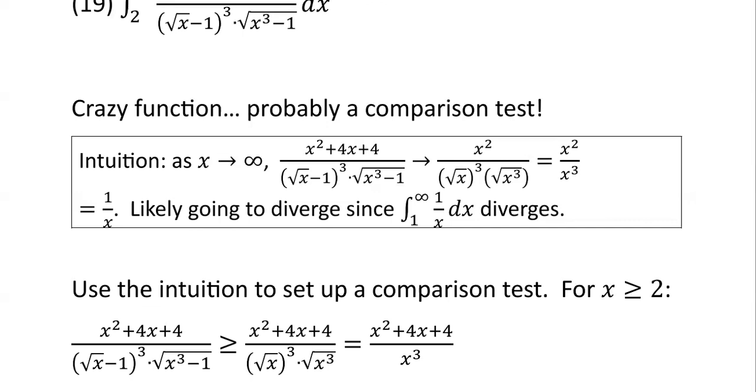Before that, at least for me, it's really hard to show that our function is actually greater than or equal to 1 over x. If it is, I don't even know, to be honest, right now, off the top of my head. It's really hard to show, and that's why I would not choose to do it for a direct comparison test.